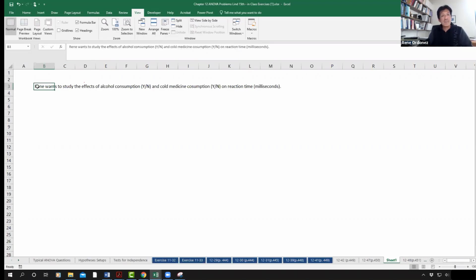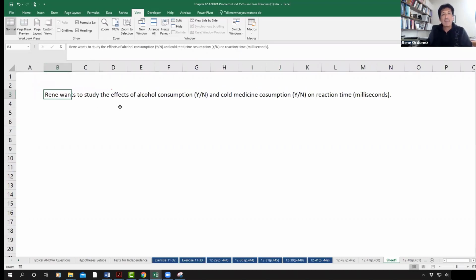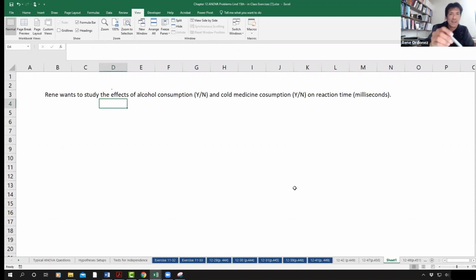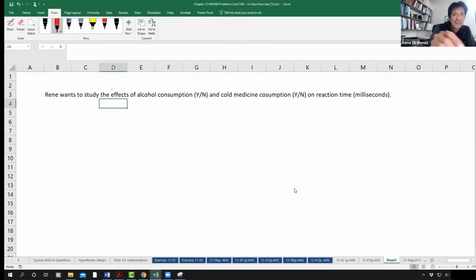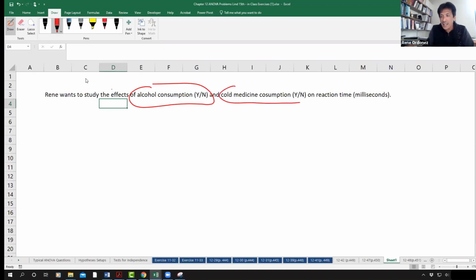So in this example, you see 3 variables. Consumption of alcohol is 1, consumption of cold medicine is another, and then reaction time is another. Reaction time is what I want to study, so this is the response variable.